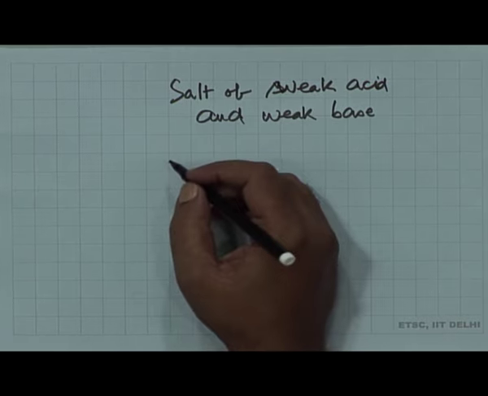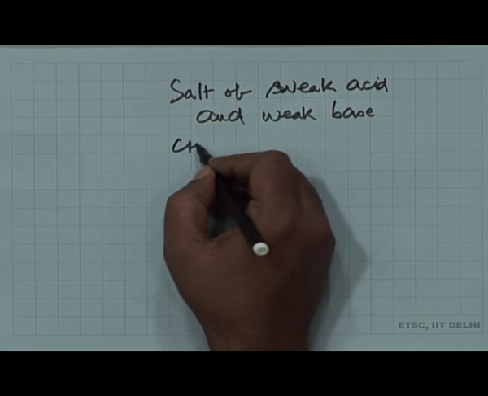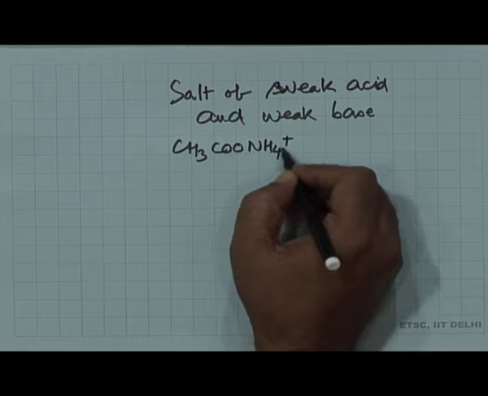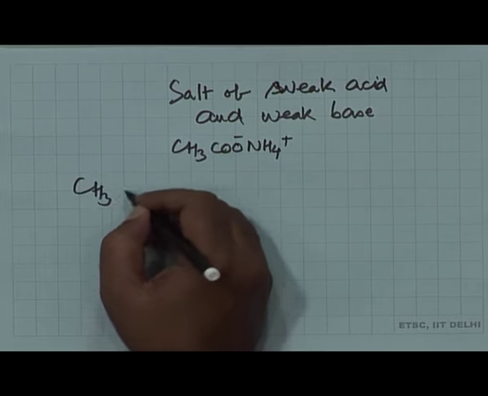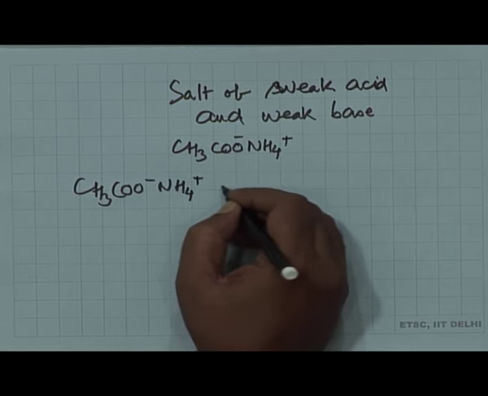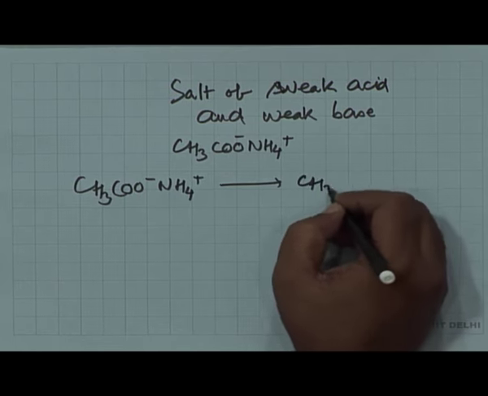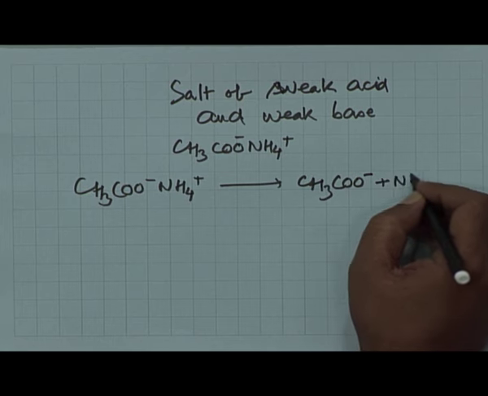For example, we can take the solution of ammonium acetate. Again, this is a soluble salt, so it will simply break when put in the solution. It will dissociate 100%, giving you CH3COO minus plus NH4 plus.